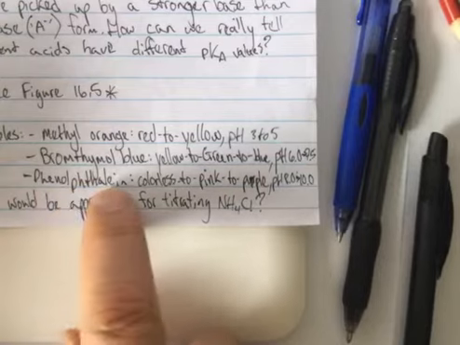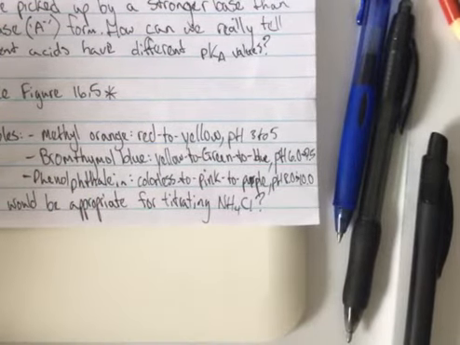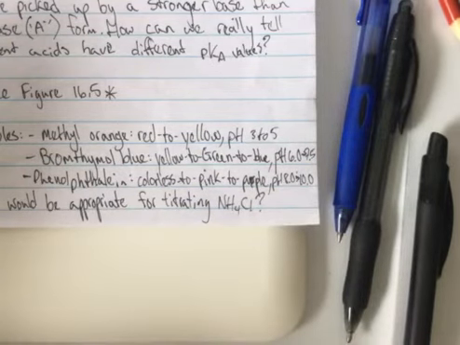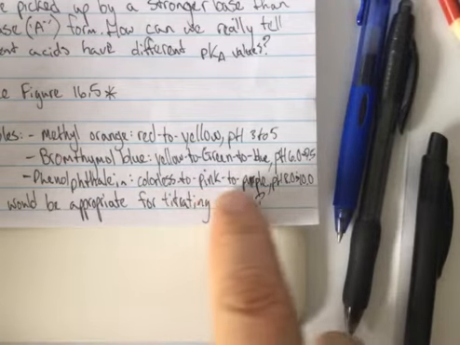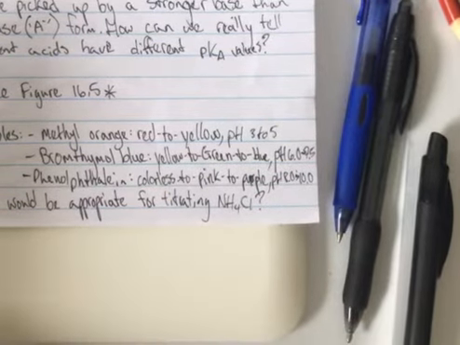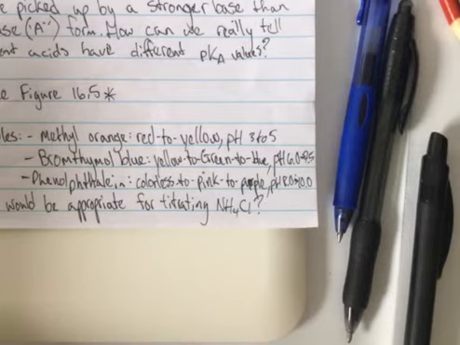And then phenolphthalein, which is more ubiquitous in use, is going to be nearest to where a strong base is going to, let's say, titrate a weak acid. So colorless to pink to purple. Okay, so you might have done an experiment last semester where you were titrating, let's say, a weak acid like vinegar with NaOH, which was standardized.